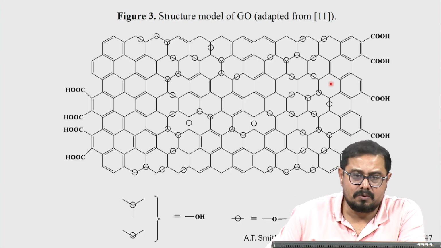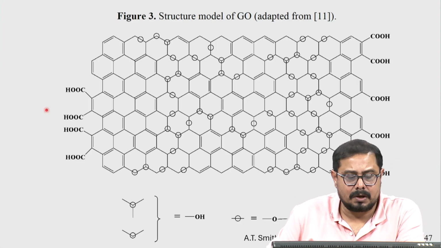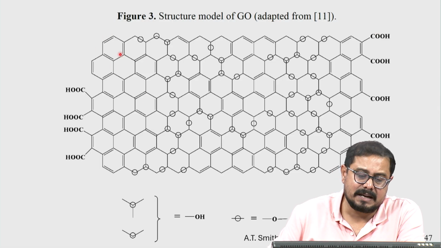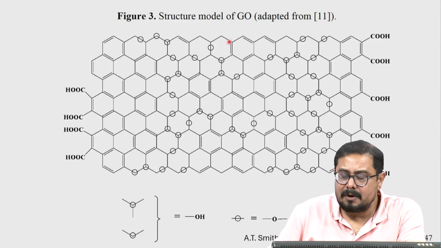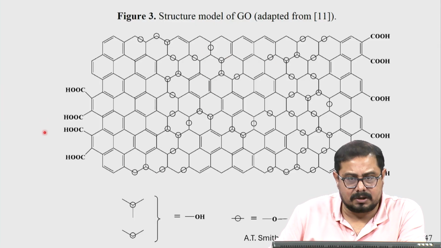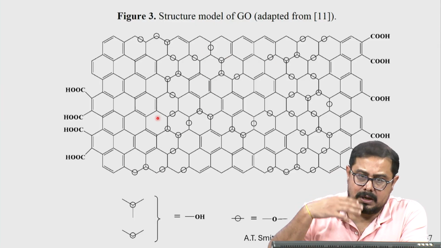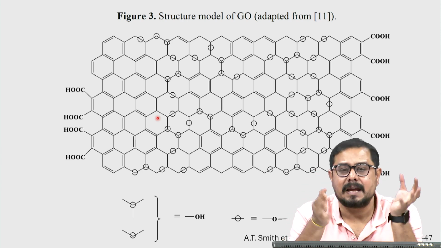Here we are showing you the structure of this graphene oxide. As I mentioned, it is an sp2 hybridized carbon layer. You have a hexagonal carbon layer which looks almost like a benzene ring, and then some of these groups are oxidized because we modified it with chemicals.